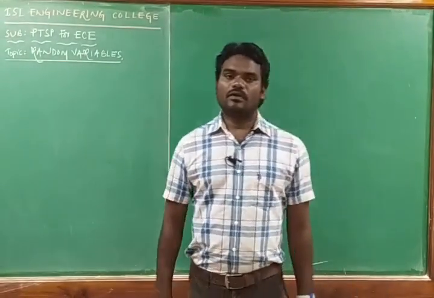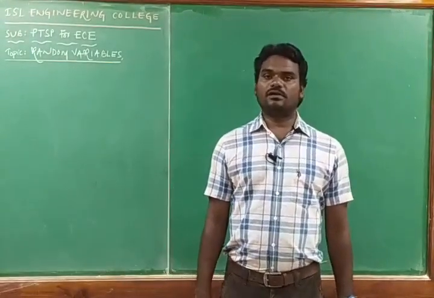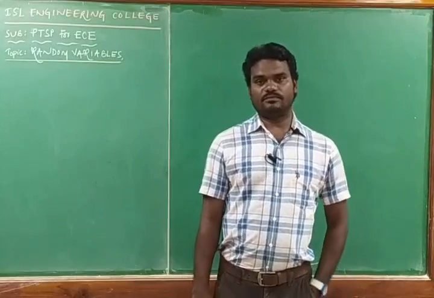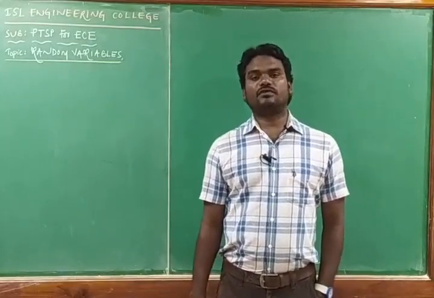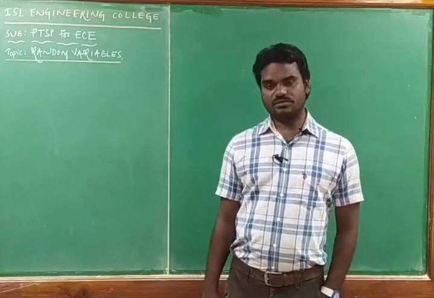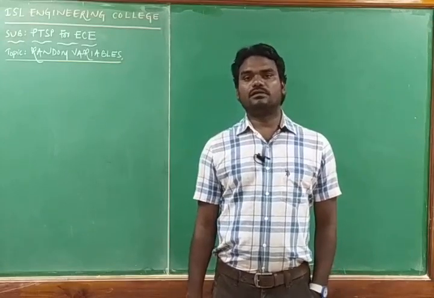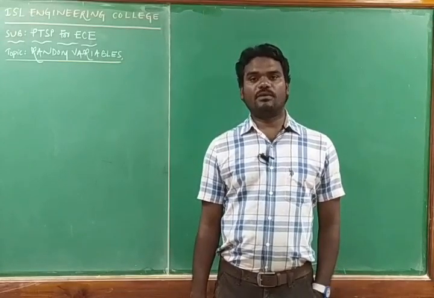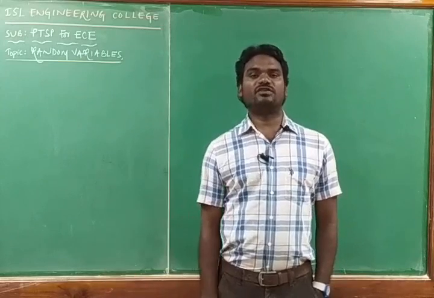In that class we are going to study continuous random variables. So there are three types of random variables. One is the discrete random variable. In the last class I gave the definition.